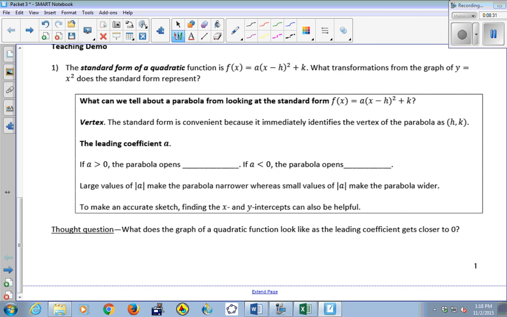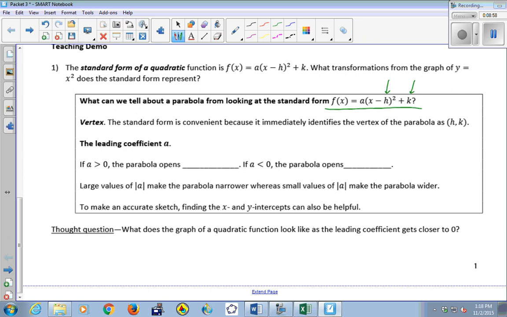If you just have this equation, with a quick glance you can figure out what its vertex is, right? The standard form is convenient because it immediately identifies the vertex as (h, k). So you can just pick out those numbers and you know the vertex. And then the leading coefficient a tells us whether the parabola opens up or down, right?